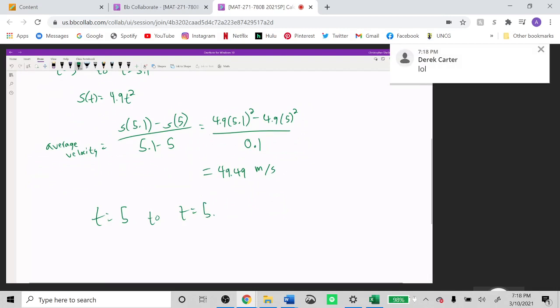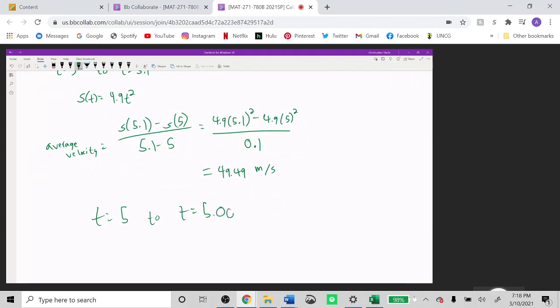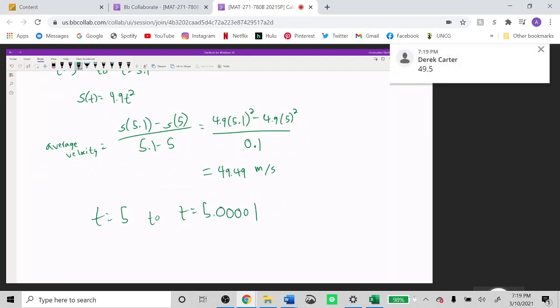Maybe we'll go as far as this one. I don't feel like writing more zeros than this. The point being, if we make this time interval really small, we should get pretty close to the instantaneous velocity.